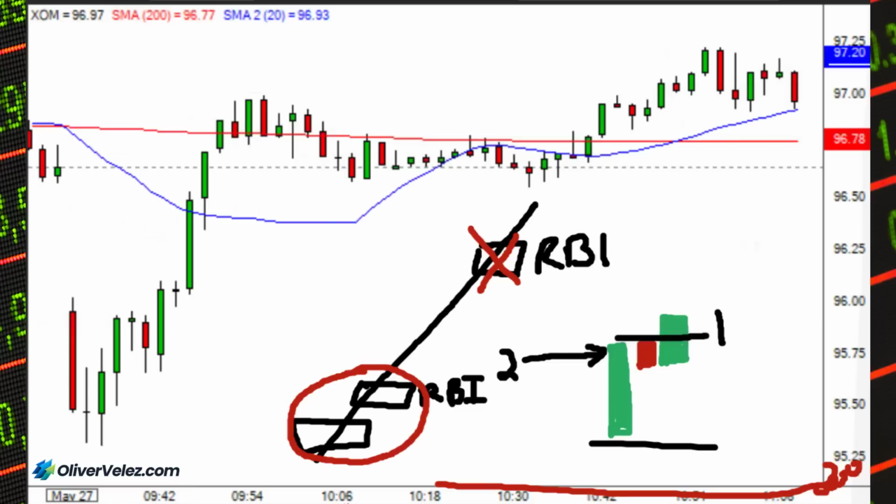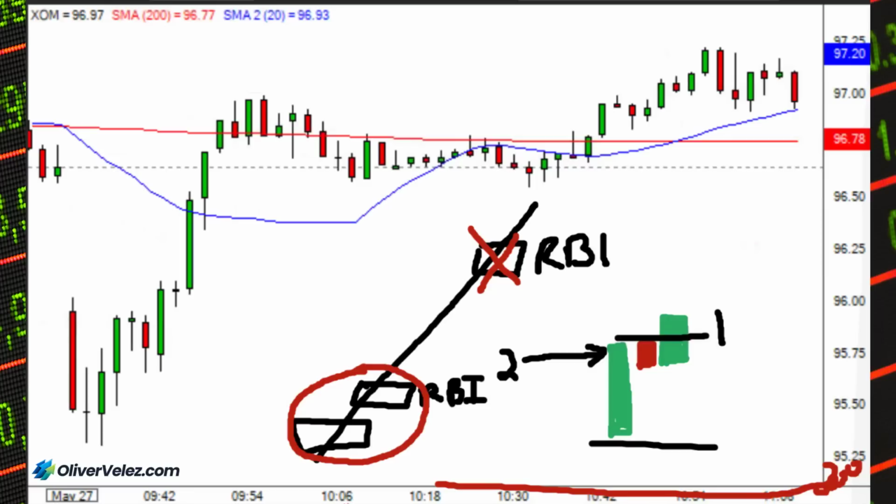Now listen, guys, you want it higher most of the time. Don't get it twisted. You want it higher. The higher RBI is proof that your trade is a winner. A lower RBI is not the proof.